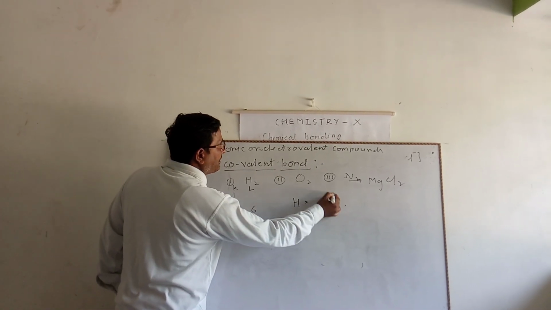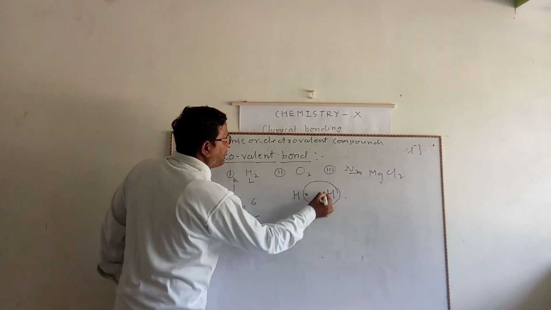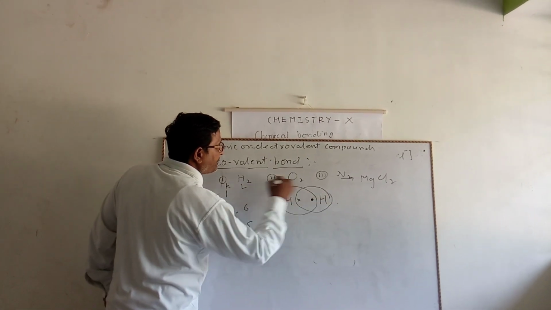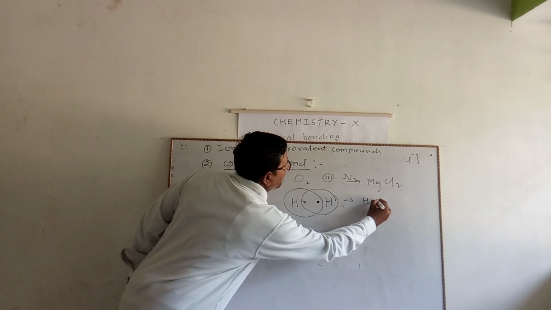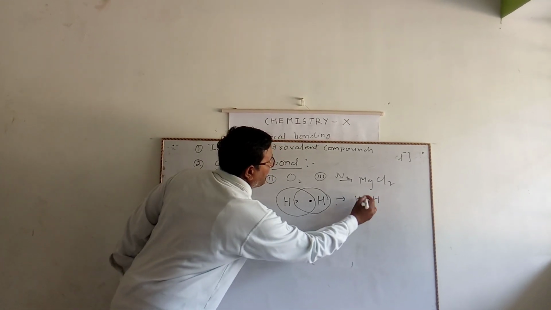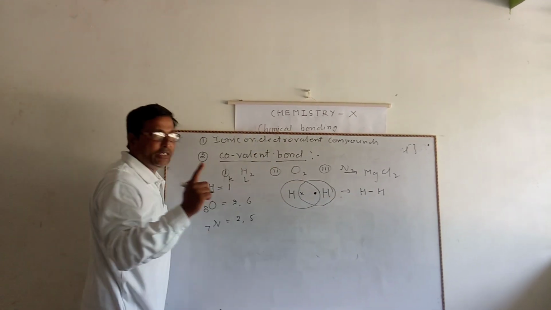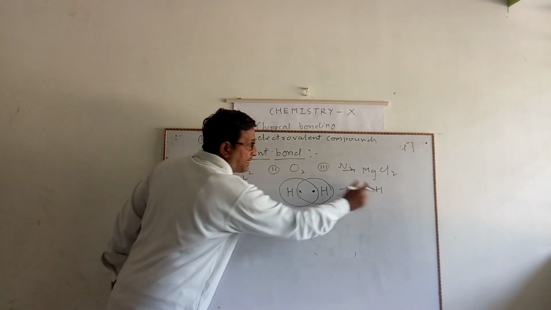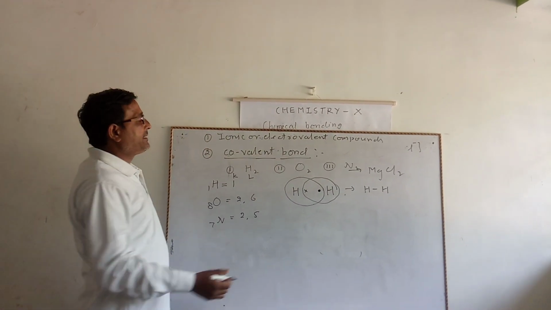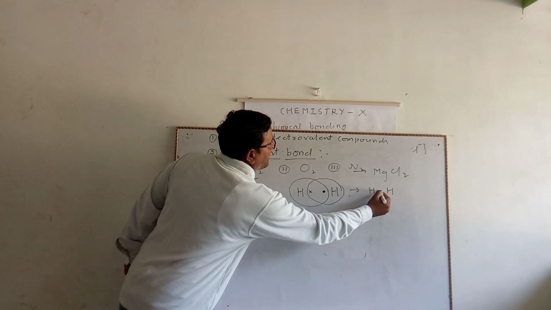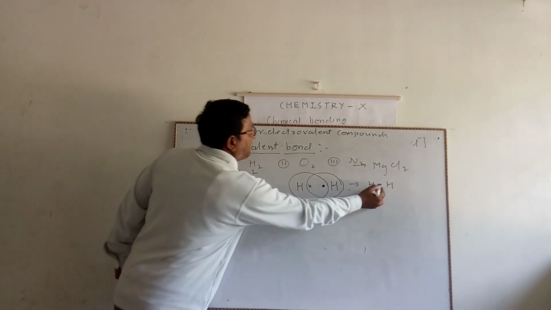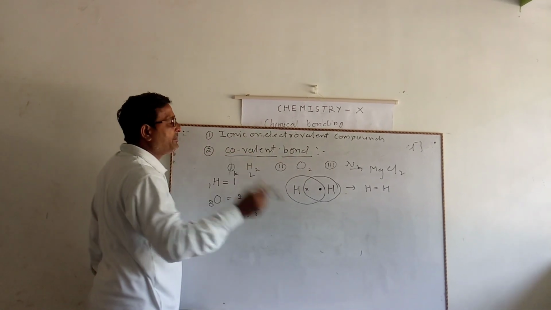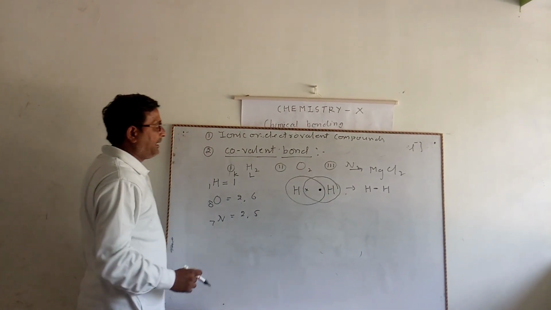Now we see that both are sharing an equal electron, so the bond between hydrogen and hydrogen is a single covalent bond. Hydrogen shares only one electron to form the hydrogen molecule, so the valency of hydrogen is 1, which is the combining capacity of hydrogen.